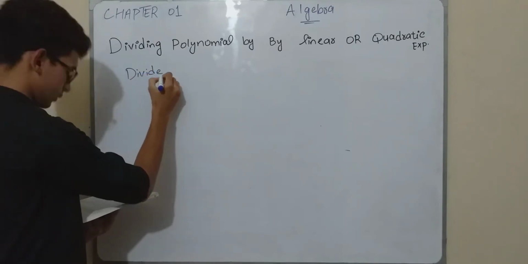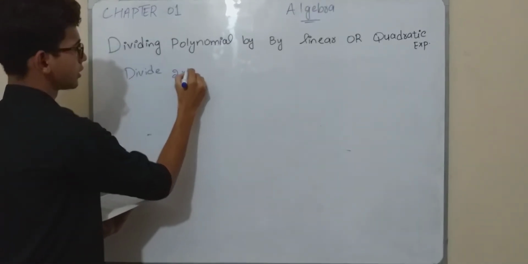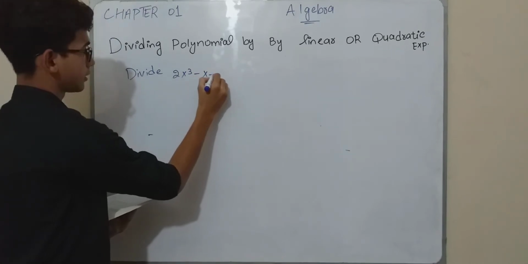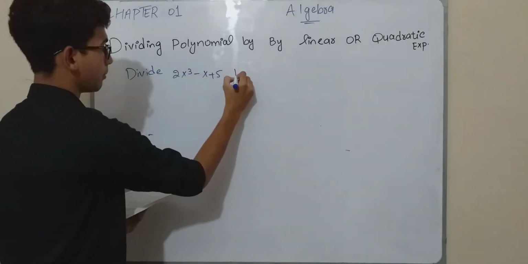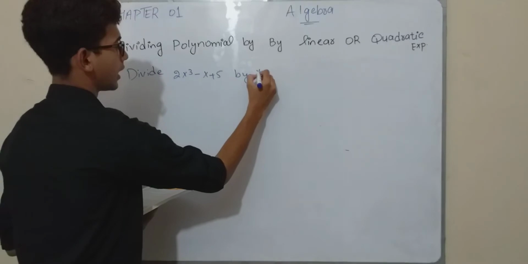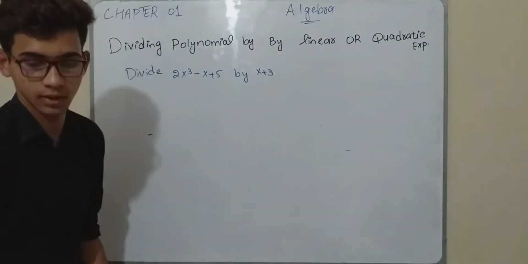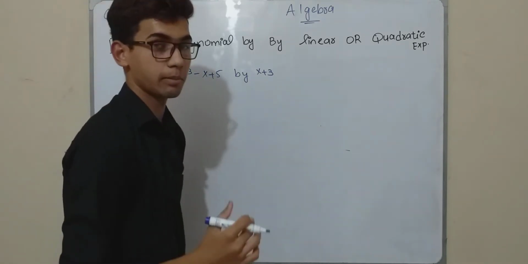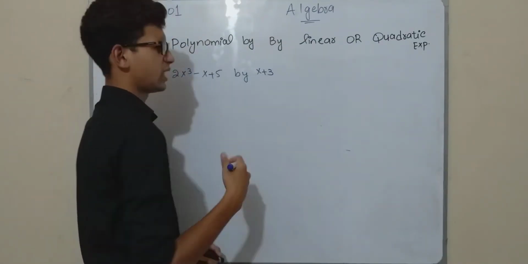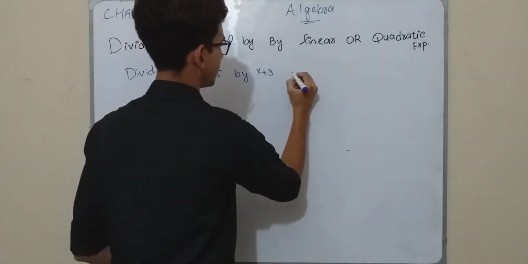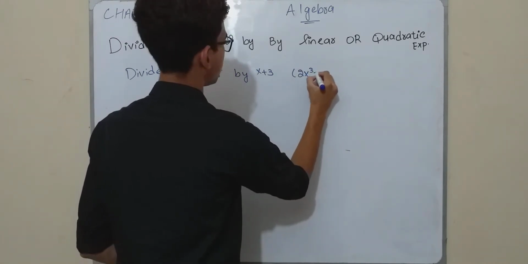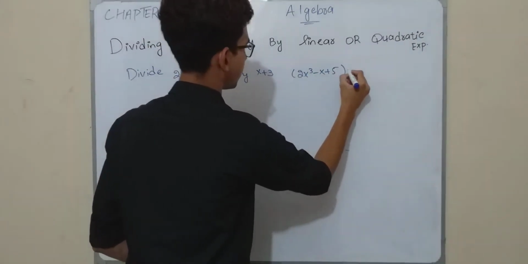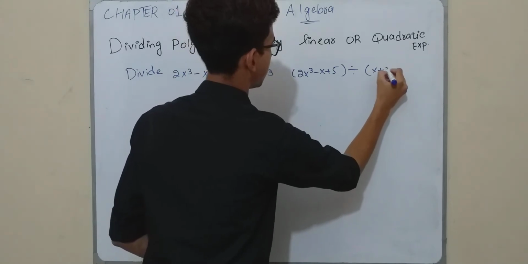Divide 2x cubed minus x plus 5 by x plus 3. If you write this in another form for better understanding, you can write this as 2x cubed minus x plus 5 divided by x plus 3.